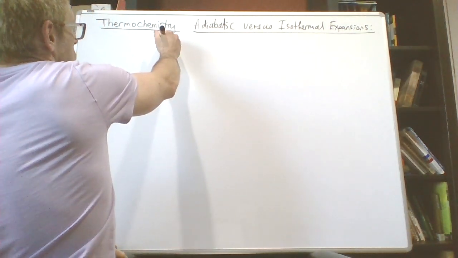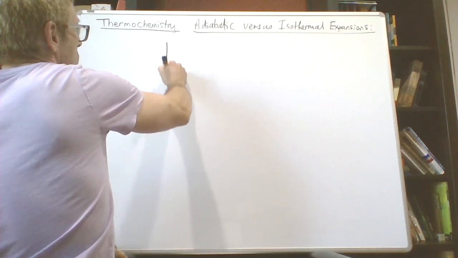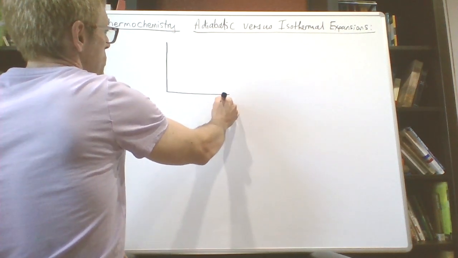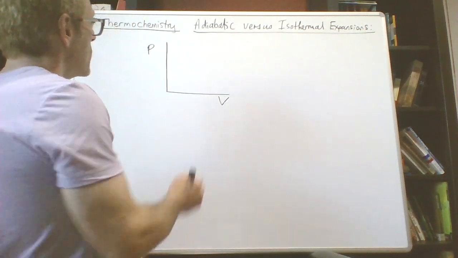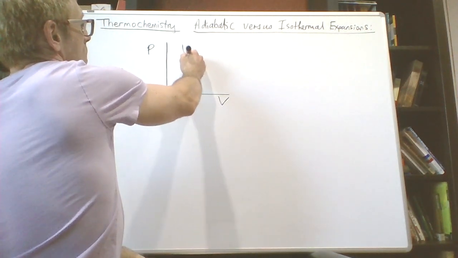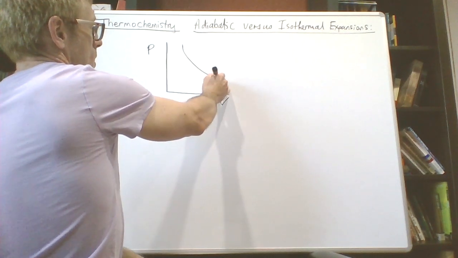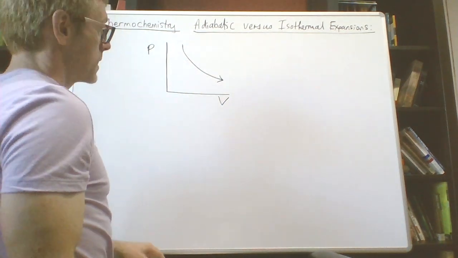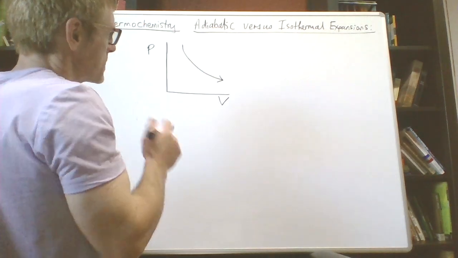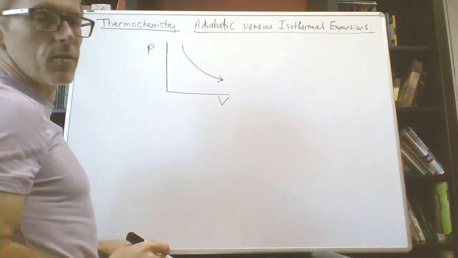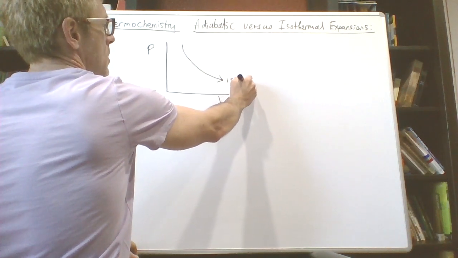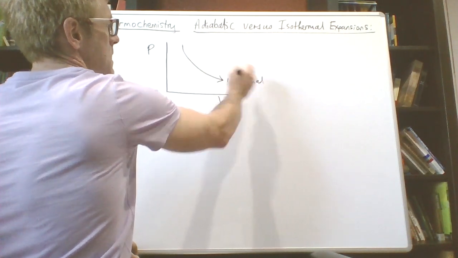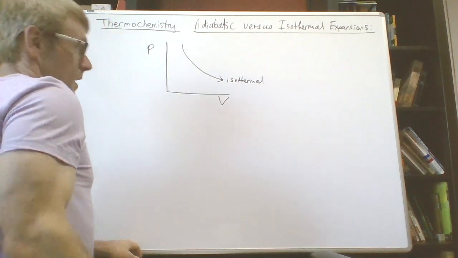It has consequences, and I think we should look at those consequences. First of all, let's look at the graph. I think this will be the most informative way to begin. If we look at this expansion, because the volume is increasing going from left to right, this would be the isothermal expansion.